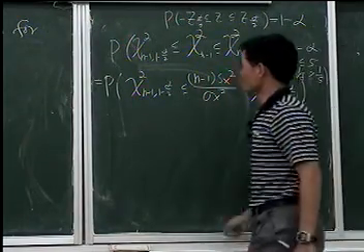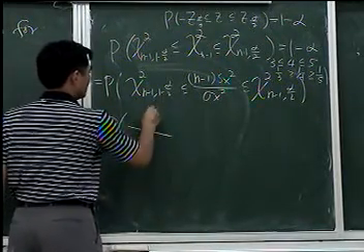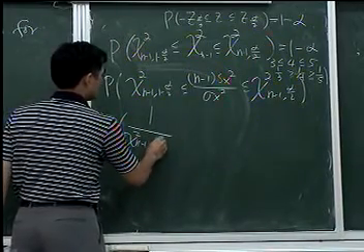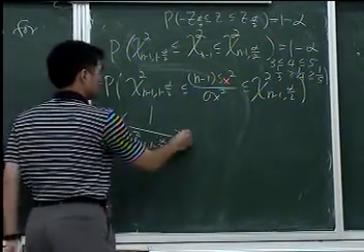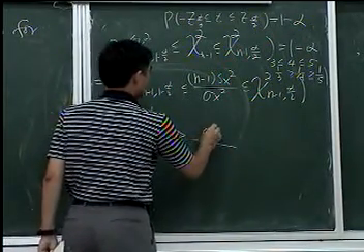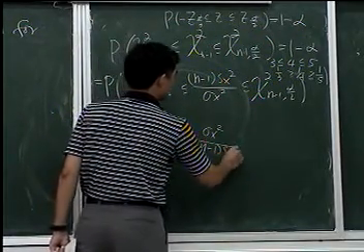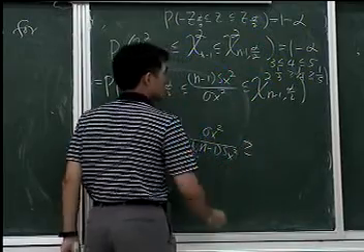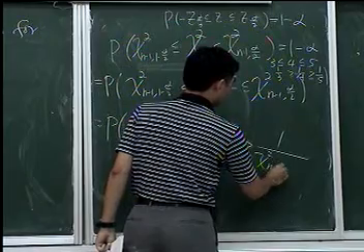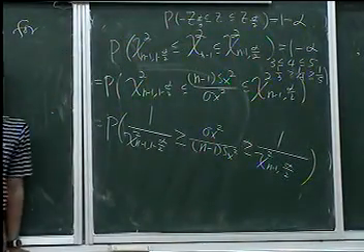So what happens? You have P, chi-square n minus 1, 1 minus alpha over 2, greater than or equal to (n minus 1) Sx squared over sigma x squared, greater than or equal to chi-square n minus 1, alpha over 2. Any questions?